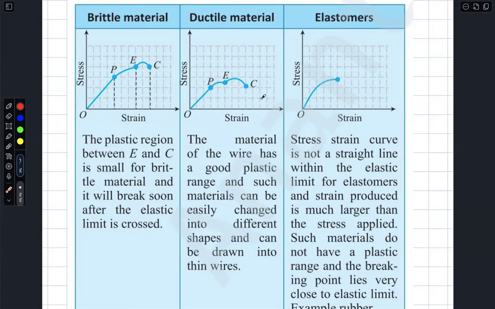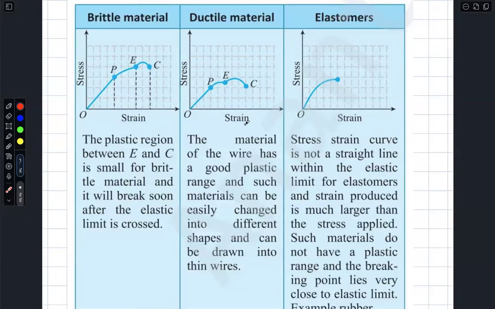So the material of this wire has a good range between the elastic limit and the fracture point. This gap is wider, you can see. So they have a good plastic range. That is the reason why these materials are called ductile materials. You can mold them into different shapes.